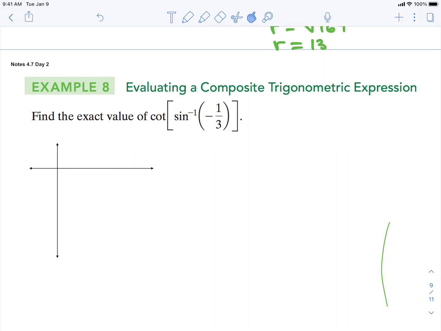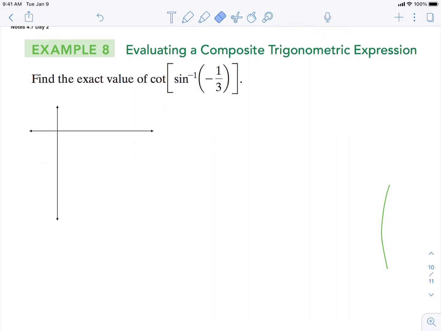Let's do one more of those. So example 8, we want to find the composite for this trig expression. So we're going to work in the innermost parentheses first, and it's saying take the sine inverse of negative 1/3.